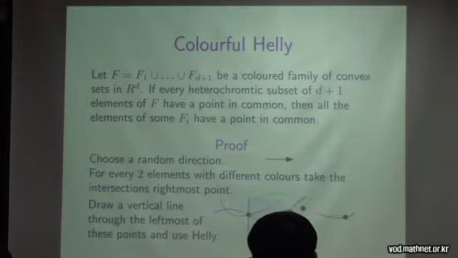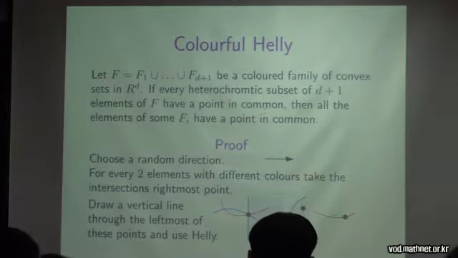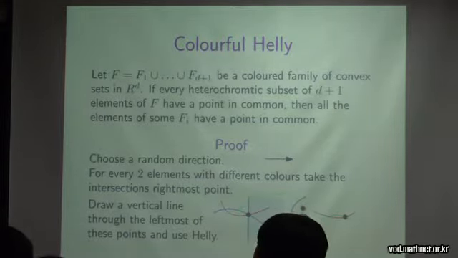The red, green, and gray intersect because I know that the red and green intersect at some point, and I know that the rightmost intersection point of these two sets has to be to the right of this point. Otherwise, this wouldn't be the leftmost point. So this means it has to be in the gray region. So those three intersect. The blue, green, and gray is the same thing.